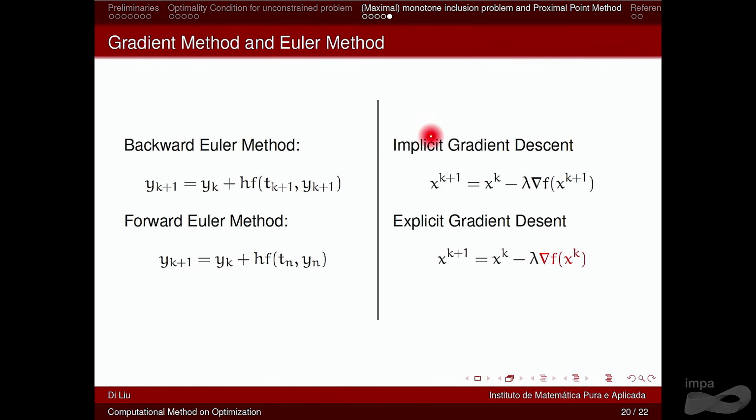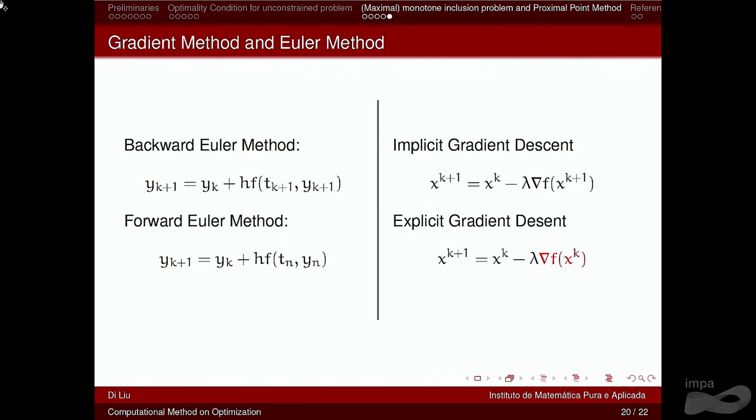But in this implicit one, the proximal point method, we use the gradient from the next step. Actually, we can discuss a little bit more about these algorithms.